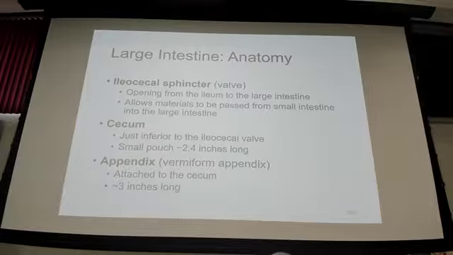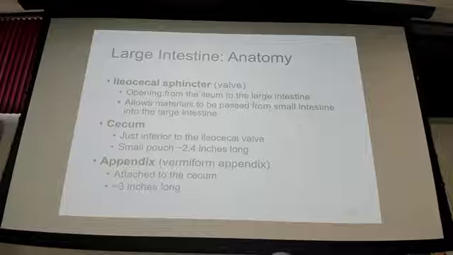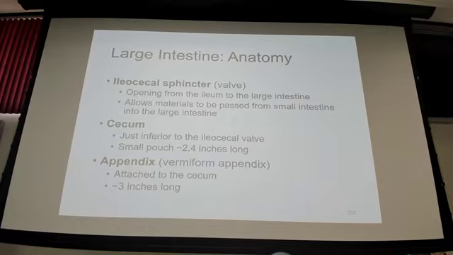And that's all in the slides. I just want to give it to you now. So ileocecal valve, sphincter, okay? We already talked about what that is. And the cecum is this larger portion. The actual physical diameter of the cecum is probably the largest in the entire large intestine. It's this big opening. It collects all this stuff and then moves it up. All right, peristalsis is still happening.